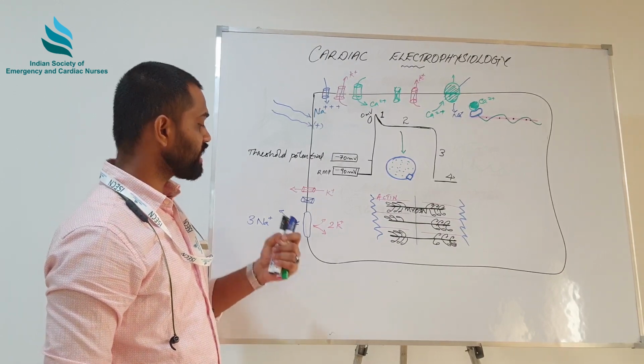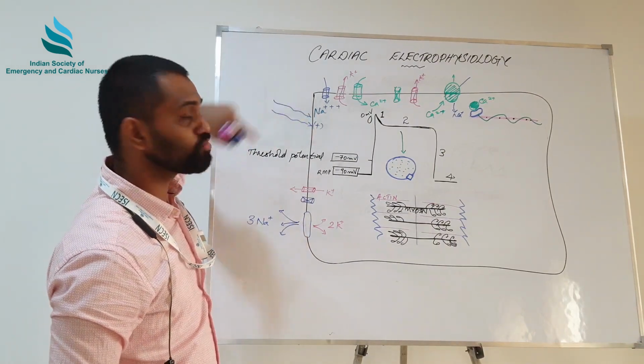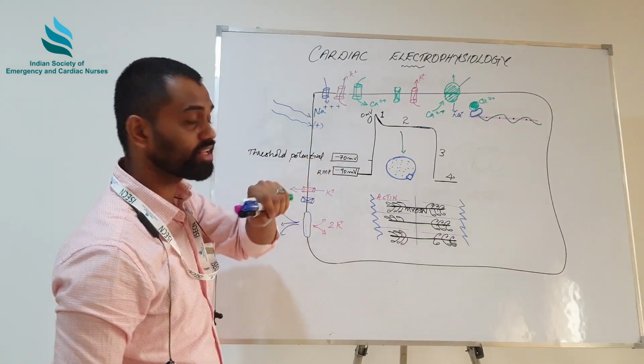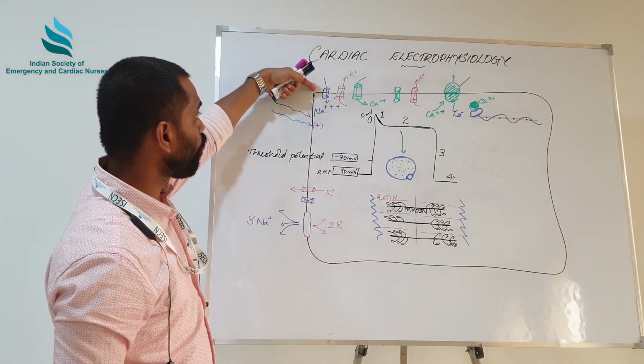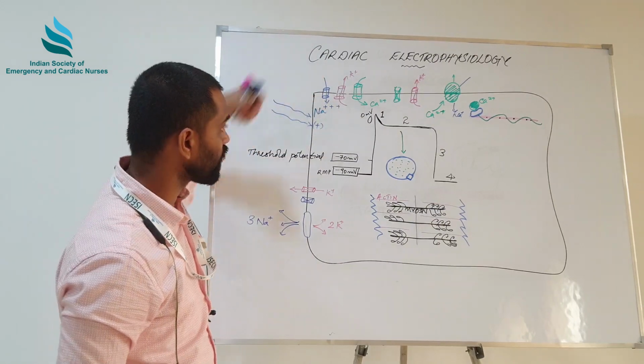When the cell is stimulated, the membrane potential rises from minus 90 millivolts to minus 70 millivolts, and this results in the opening of the voltage gated sodium channels for a very short period of time.